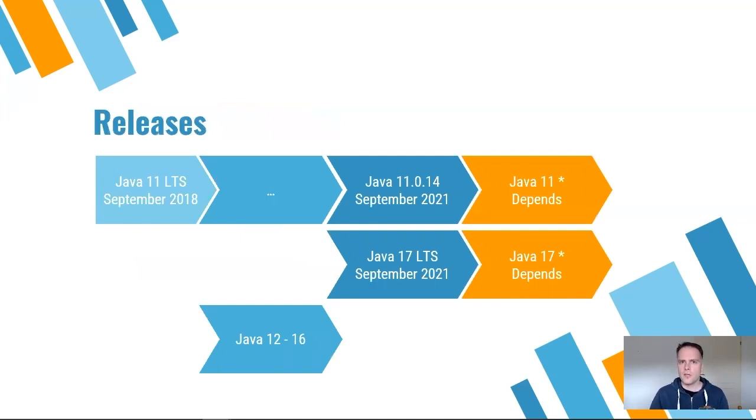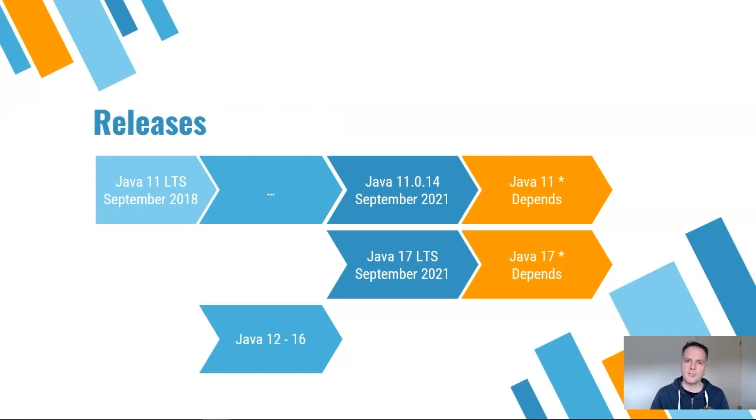For Java, nowadays we have the long-term support or LTS versions, which are released every couple of years. The latest version was 11, the latest LTS version released in 2018, and the next one will be 17, which is released in September this year. The major LTS versions also receive minor updates, and those updates are at least until the next LTS version is released.